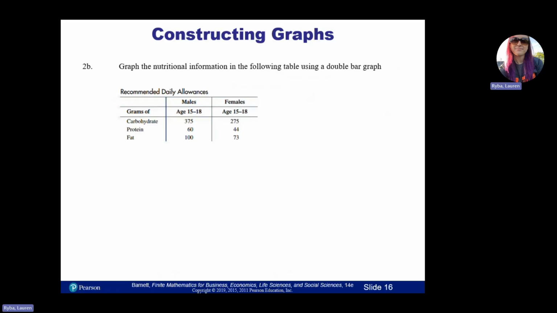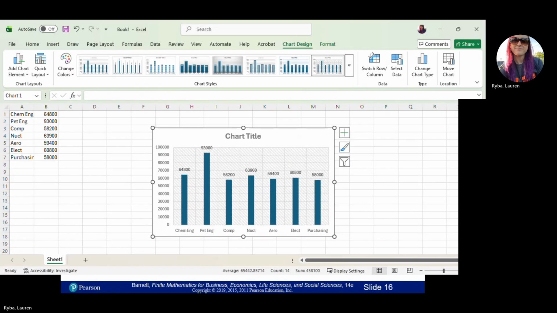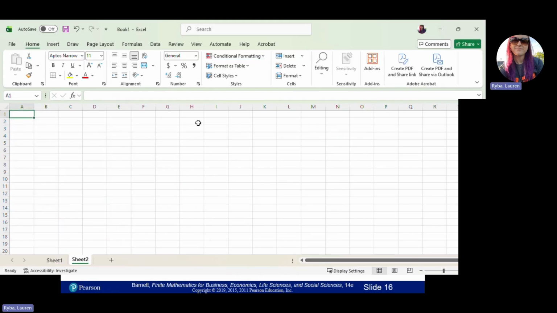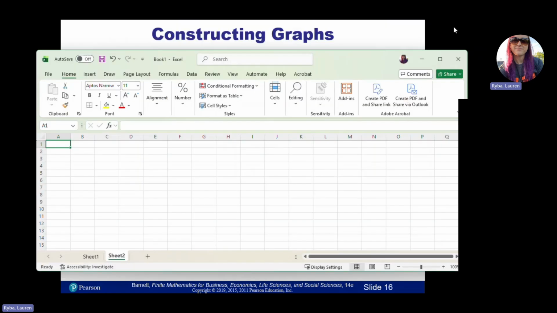All right, if you want to make a double bar graph, back here, I'll just make a new sheet, make it easier.